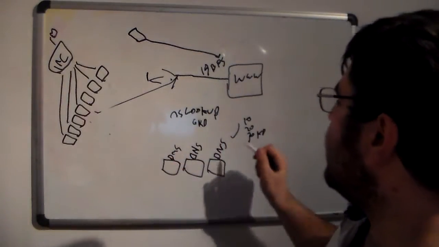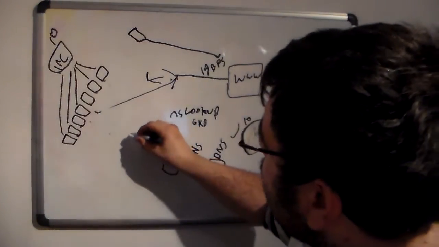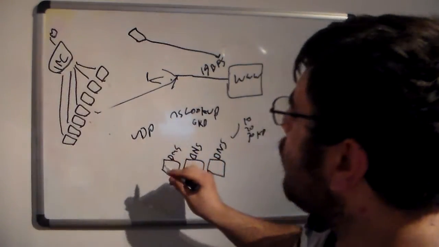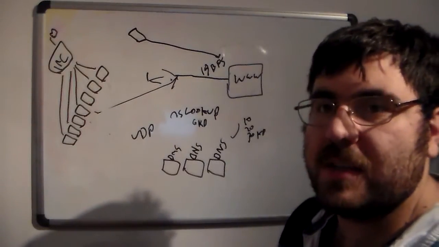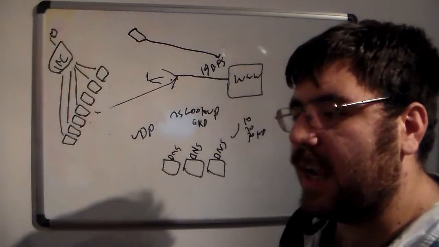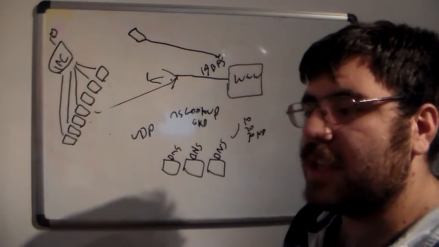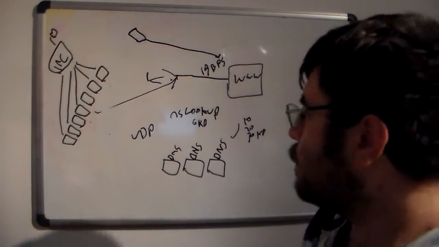And since DNS runs on UDP, okay, a big problem with UDP is that there's no handshake, and there's trust in there, and on top of that, you can spoof your source address.